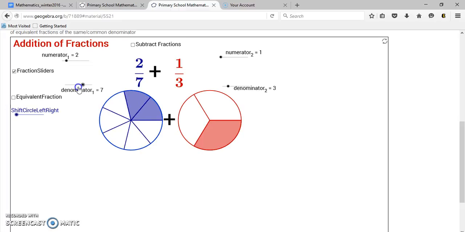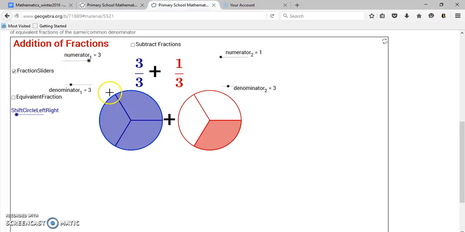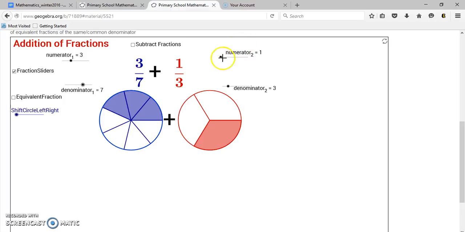So let's see, I'll just pick a random one. And remember that if you choose a smaller denominator, your numerator is going to be small, seeing that it doesn't exceed the denominator. So right here, I can only go up to 3. So we'll change that. And we'll just pick another random one over here. We'll go higher.